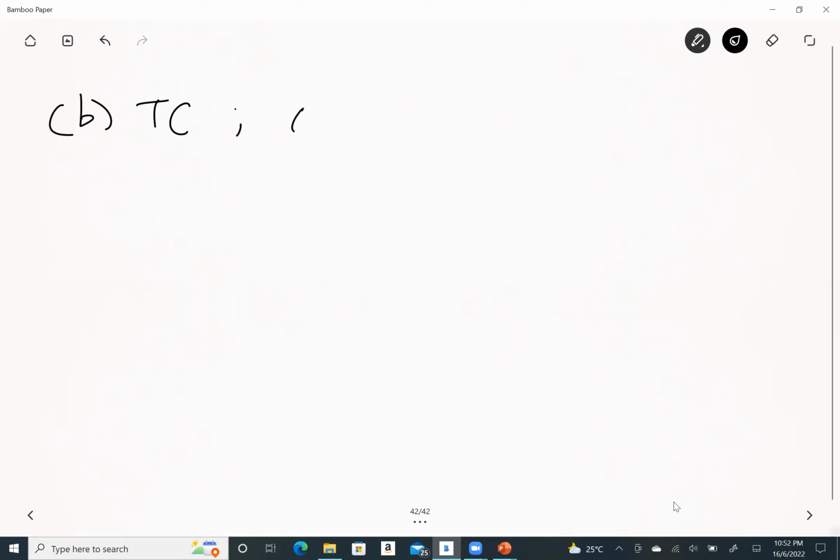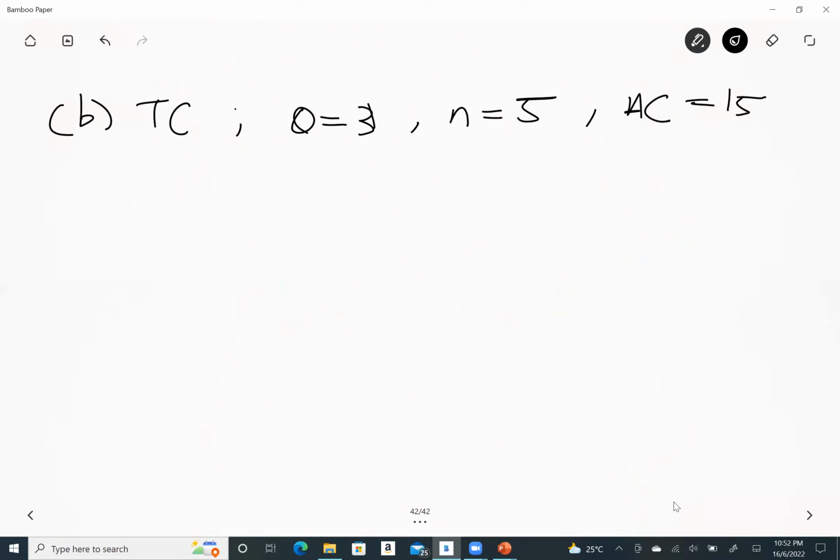So here you got what? Q equal to 3. And there are N people. And the average cost is equal to what? 150. So what is the total cost?